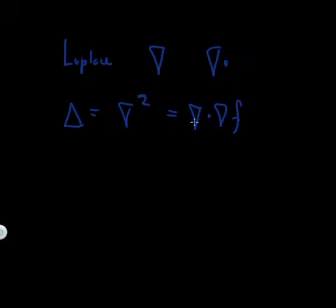Usually, we take the divergence of the gradient. What happens if we take the divergence of the gradient? Then we'll find out how likely a point is to be a minimum. So if Laplace f is positive, then f evaluated at that point tends to be small. If it is negative, f evaluated at that point tends to be big.